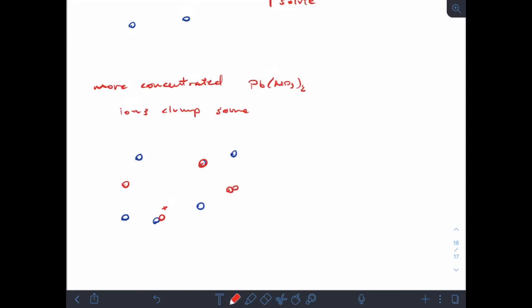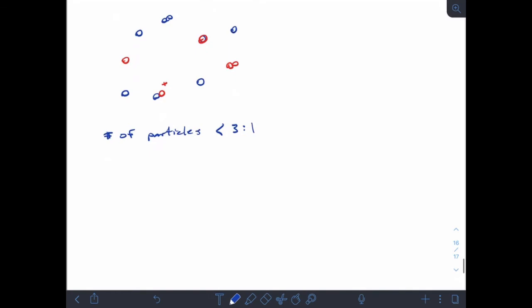Or I've got a pair of nitrates or a pair of leads stuck together. Okay, this clumping happens, right? And the effective number of particles ends up being less than the perfect 3 per molecule. Okay, less than the 3-to-1 ratio.